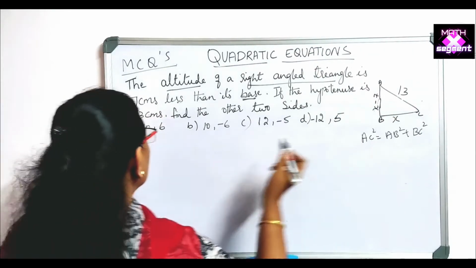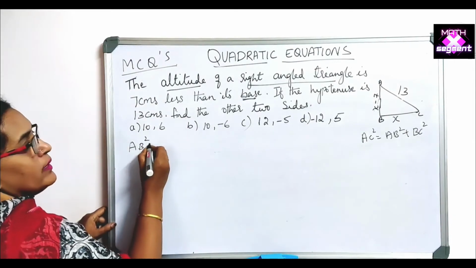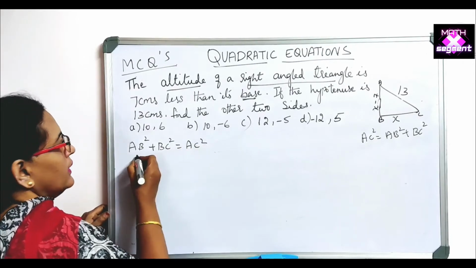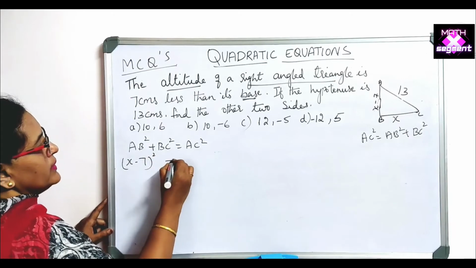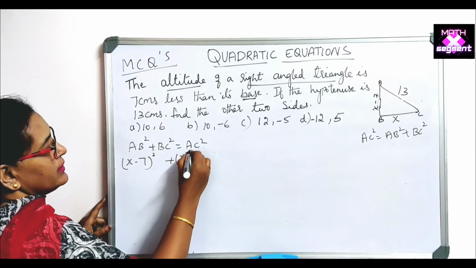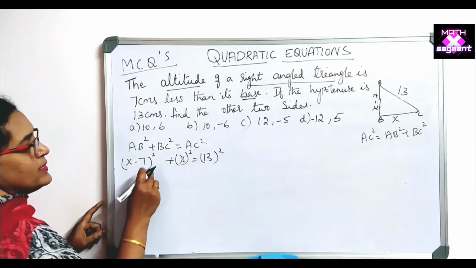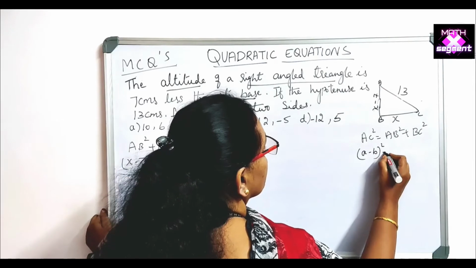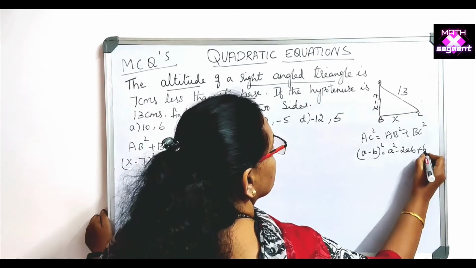By using Pythagoras formula, we will substitute the value, that is AB square plus BC square is equal to AC square. AB square is what? X minus 7 whole square plus BC square is x whole square. AC square is 13 whole square. X minus 7 whole square is in the form of A minus B whole square, which is A square minus 2AB plus B square.